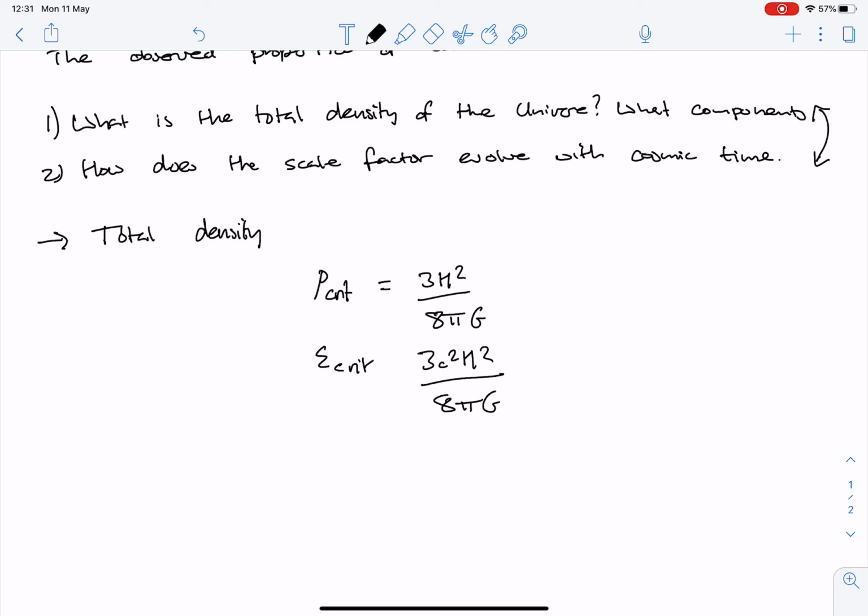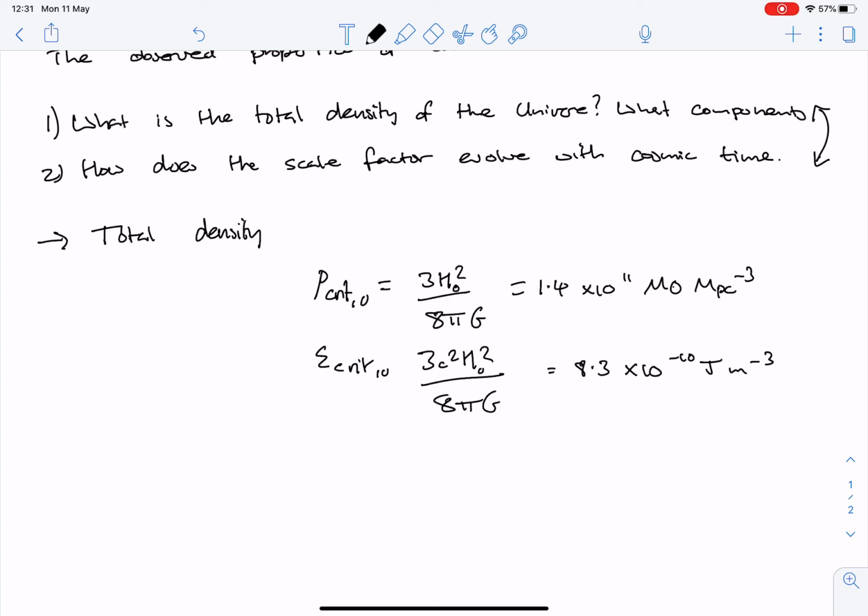So if I put these in the current epoch, i.e. I put some subscript zeros on here, I want to measure them in the local universe. This density that I have here is 1.4 times 10 to the 11 solar masses per cubic megaparsec. And this energy density is 8.3 times 10 to the minus 10 joules per cubic meter.